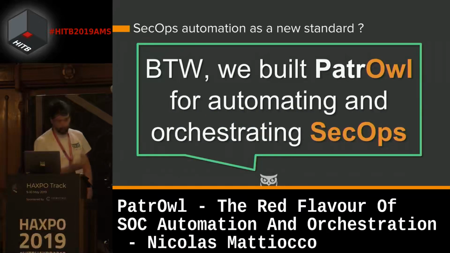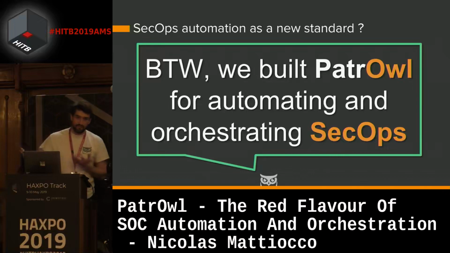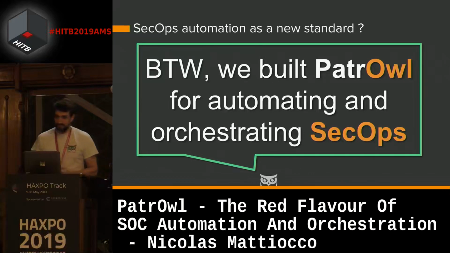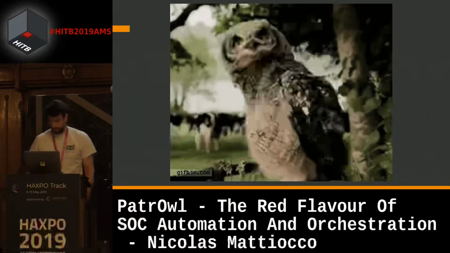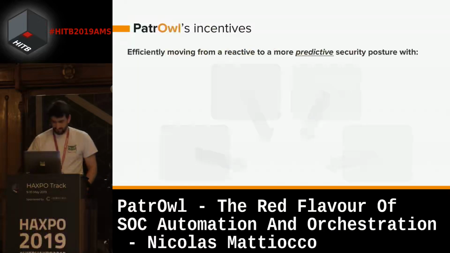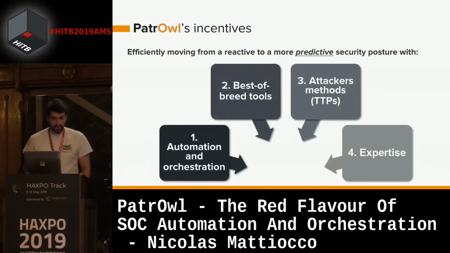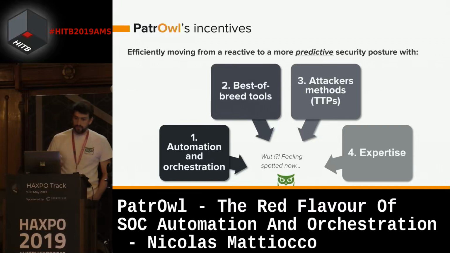So, we also built PatrOwl for automating SecOps because we found the ratio of advantages was greater than drawbacks. So we built this. The idea behind PatrOwl is about these four incentives. The first thing is to benefit from the power of automation and orchestration.